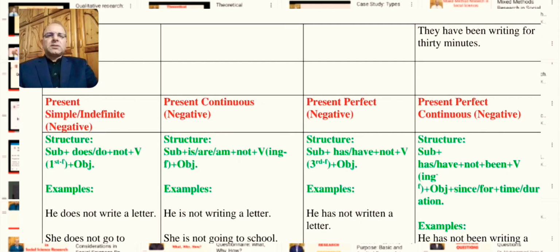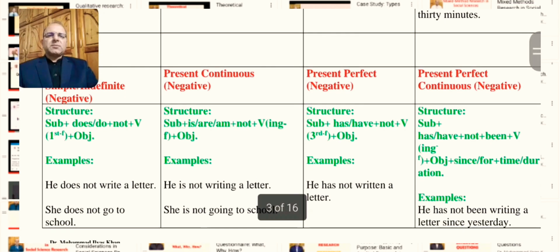So present simple or indefinite negative, the structure you can see here is subject plus do or does plus not plus verb first form plus object. So generally third person singular such as he, she, some name, etc. will take does, while first person and third person plural will take do with them.